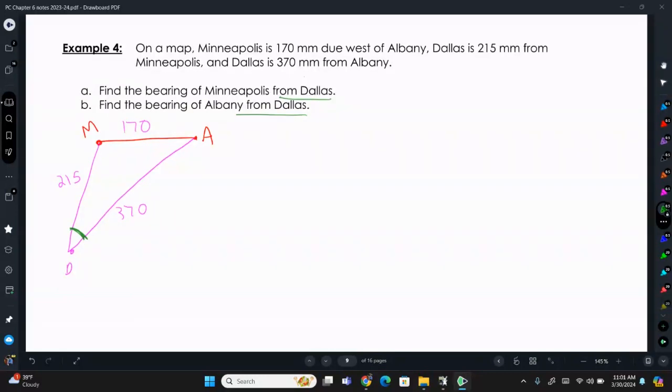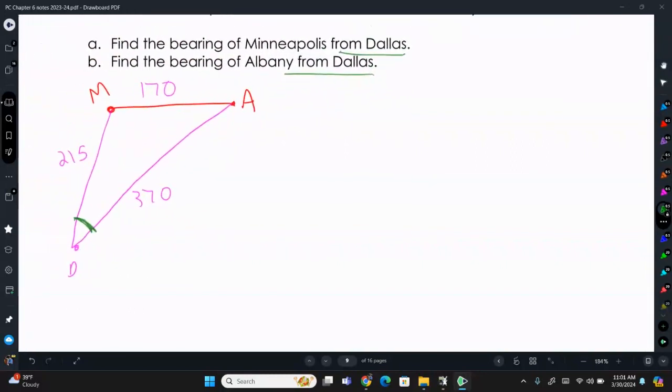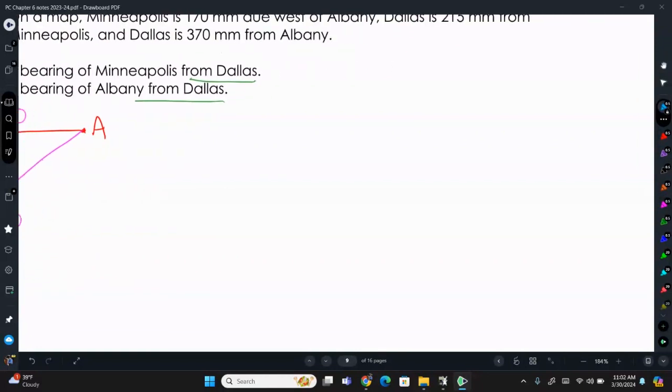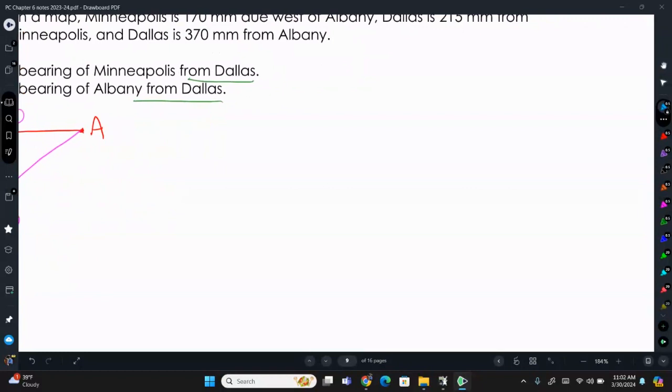Now, we want to be careful because when we talked about the law of cosines the other day, we said we always wanted to find the largest angle first. So before I find angle D, I'm going to have to find angle M first. So we're going to use our law of cosines. So 370 squared is equal to the sum of the other two sides squared.